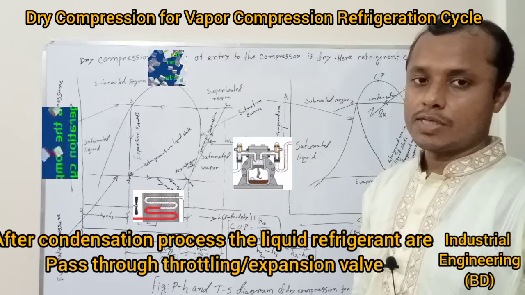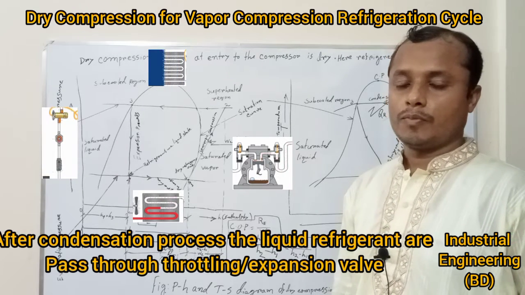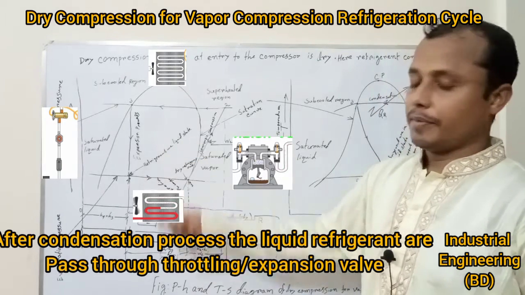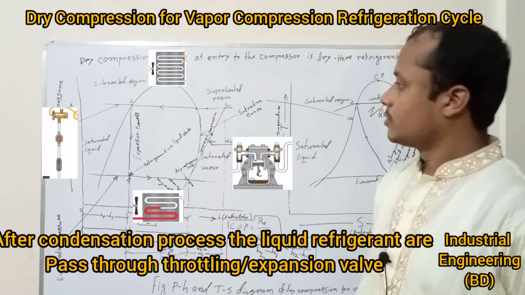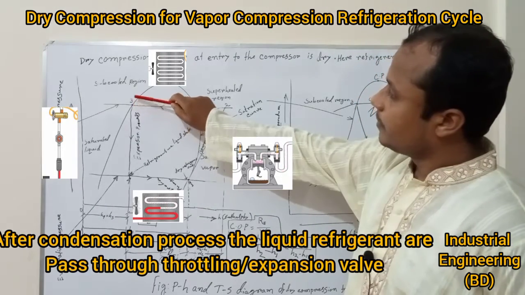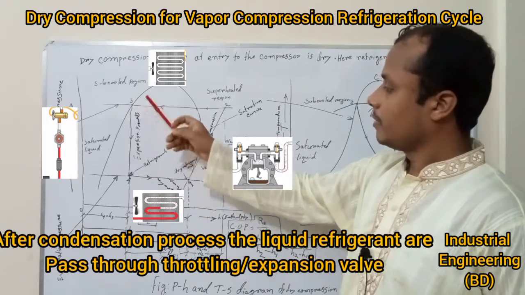After the condensation process, the liquid refrigerant is passed through the throttling or expansion valve at constant enthalpy. So from point 3, the liquid refrigerant passes through the expansion valve or throttling valve.